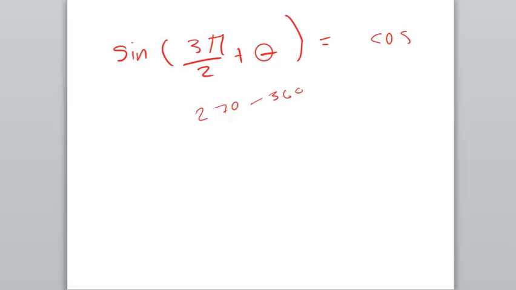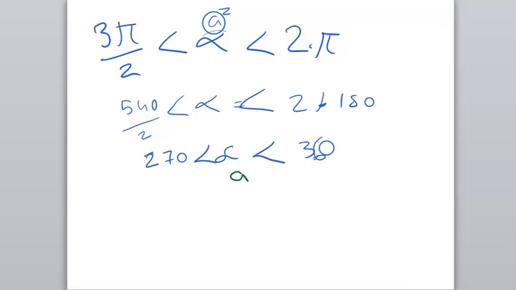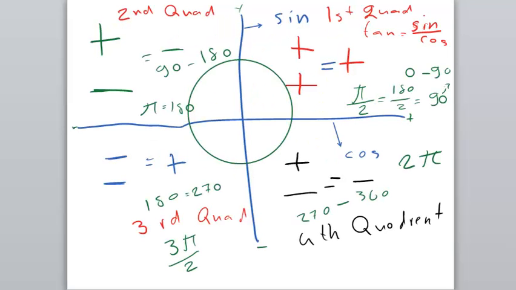If we go back to our unit circle, it is in here, the sign is negative, even though cosine is positive here.